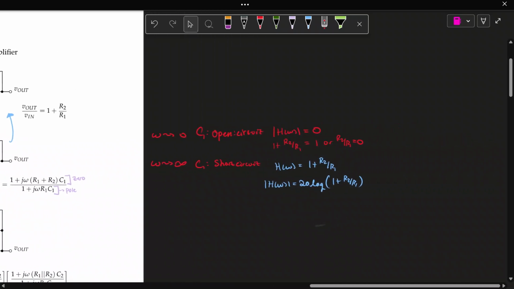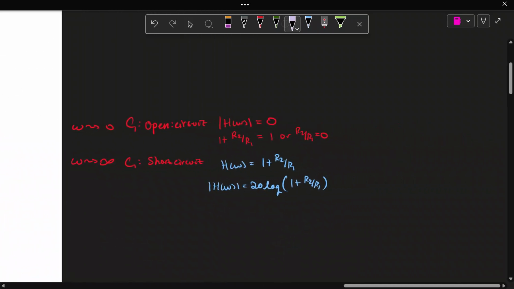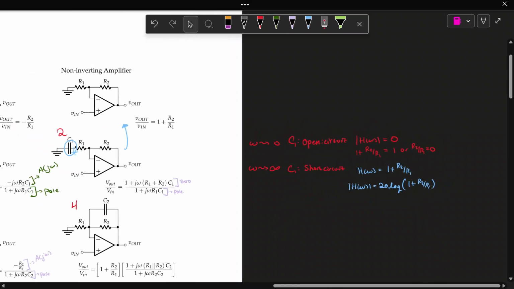So what does that tell us? Well, that tells us the graph will always be greater whenever omega approaches infinity. So we have a start at 0, and it hits our 0 here. Well, we don't know that yet. But then we know this pole, and this becomes 20 log of 1 plus R2 over R1 at the end.